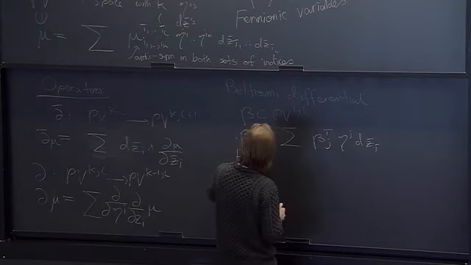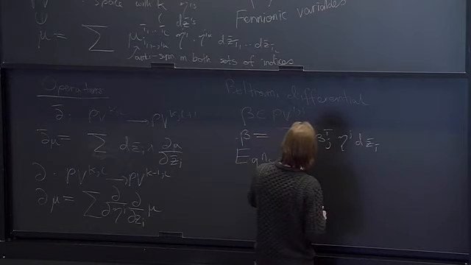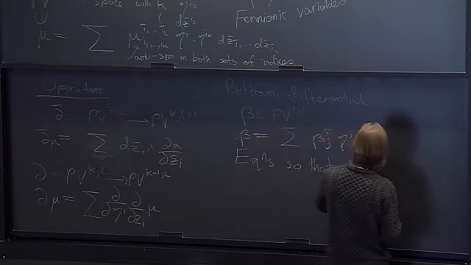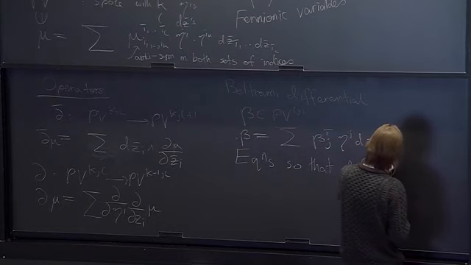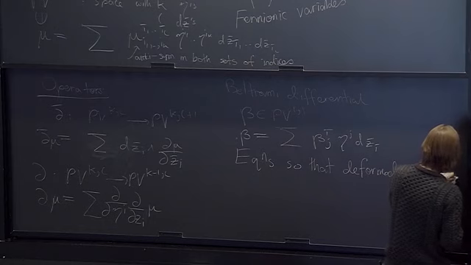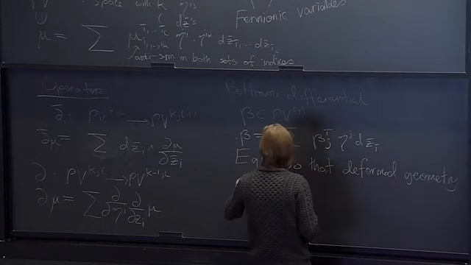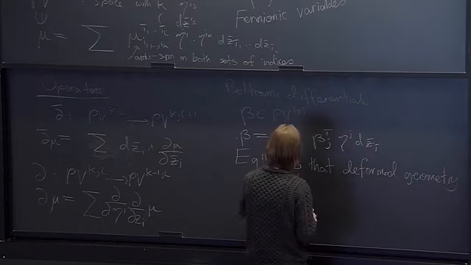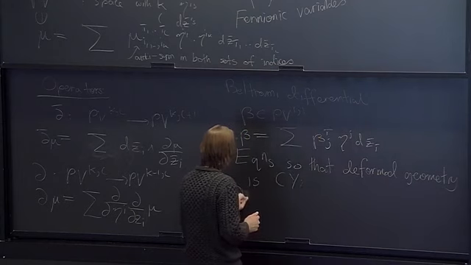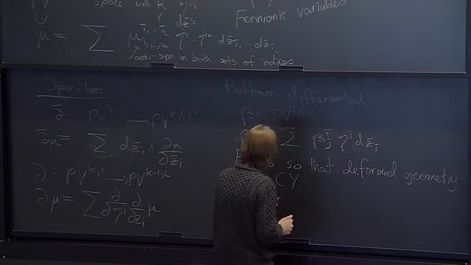The equations have a nice presentation in this notation. So the first equation is that del beta is 0.